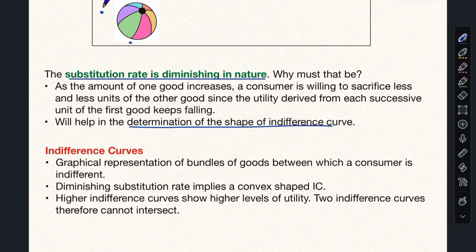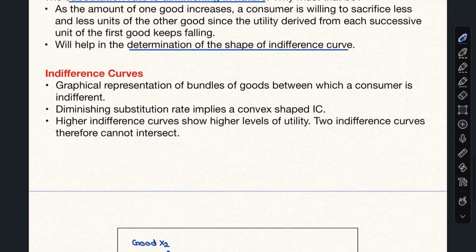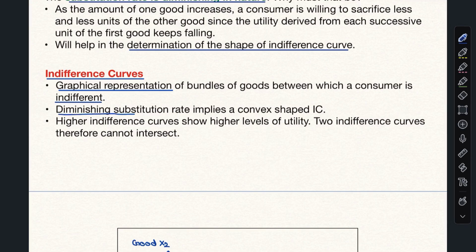Now that I have talked about preferences, utility, and rate of substitution, it is time to talk about what indifference curves are. An indifference curve is a graphical representation of a group of bundles between which a consumer is indifferent. Because of the diminishing rate of substitution, an IC would be convex and also downward sloping.